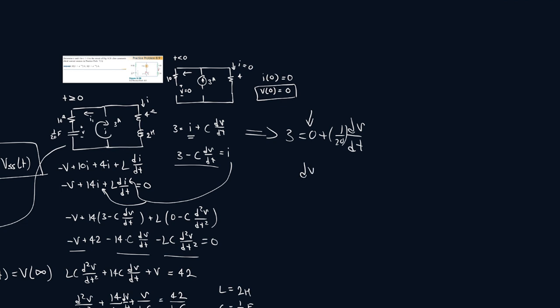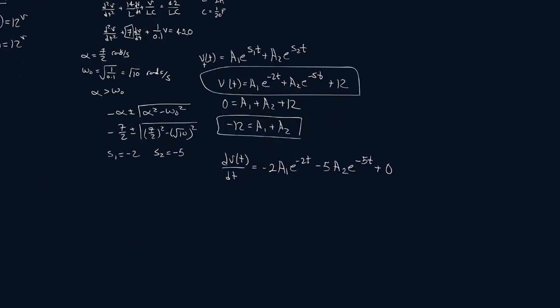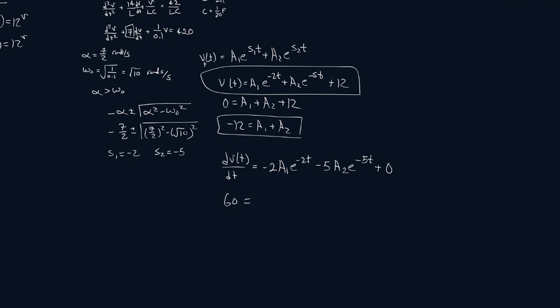So dv at 0 over dt is going to be 60 volts per second. So here we'll just replace 60 equals minus 2 A1 minus 5 A2. Okay, and we should get the following. A1 should be 0 and A2 should be minus 12.